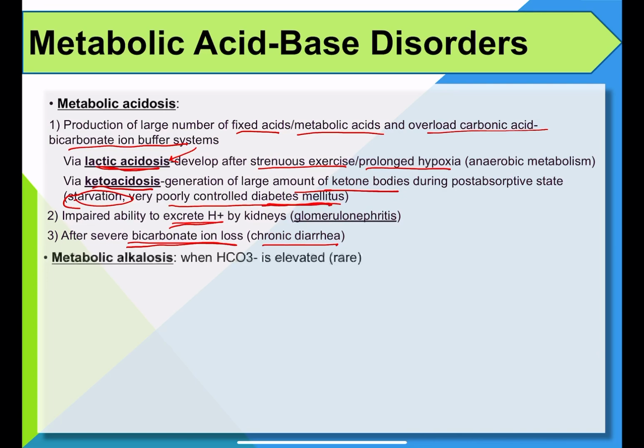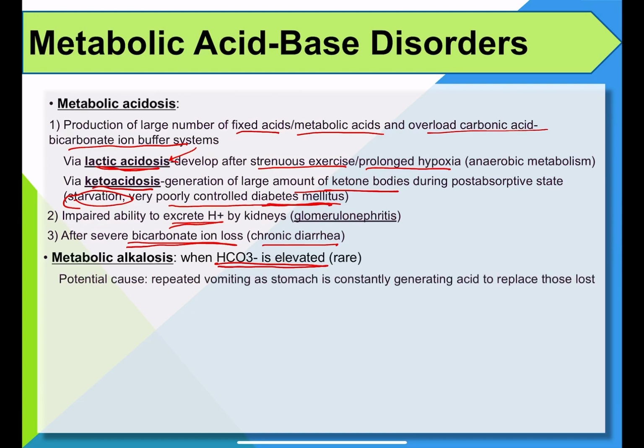Now, with metabolic alkalosis, again, this is a rare situation compared to metabolic acidosis. This is when bicarbonate ion is elevated. A potential cause of bicarbonate ion accumulation is, for example, rounds and rounds of vomiting. Let's say you have food poisoning and you end up vomiting constantly throughout the day. With repeated vomiting, your stomach is constantly generating stomach acid to replenish what's lost from your stomach.